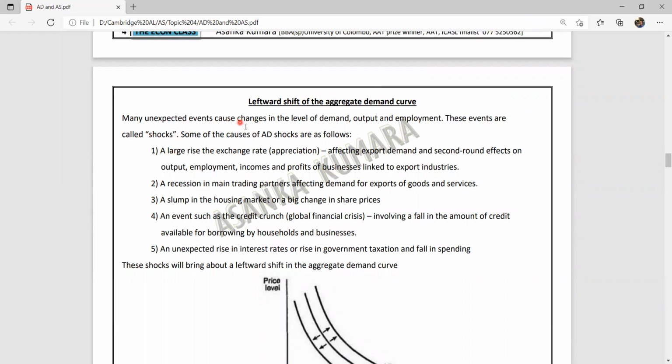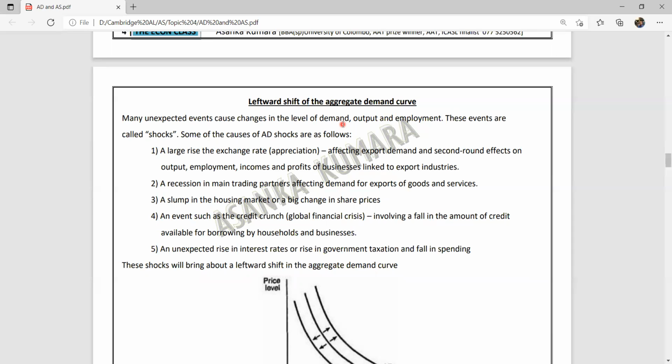Many unexpected events cause changes in the level of aggregate demand, output, and employment. These events are called shocks. Some causes of aggregate shocks are as follows. A large rise in exchange rate means appreciation.